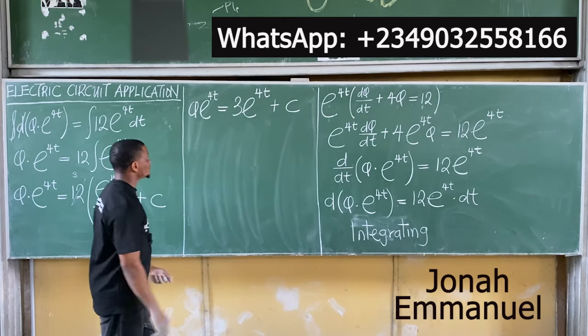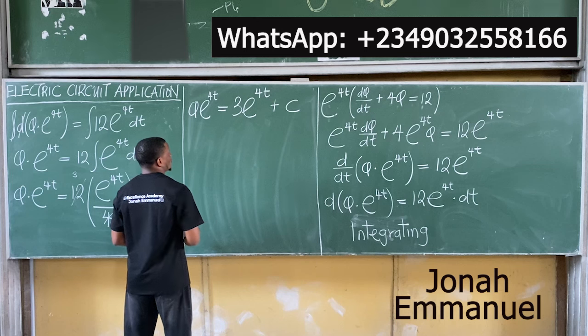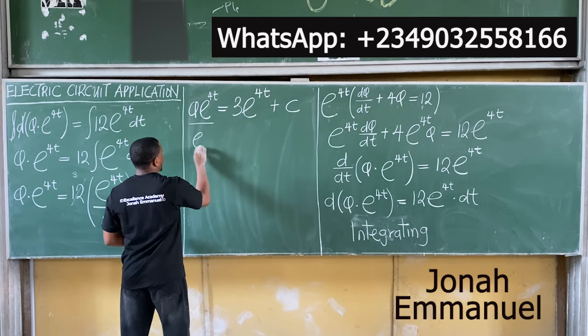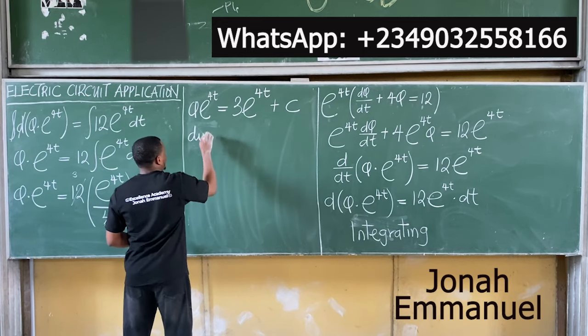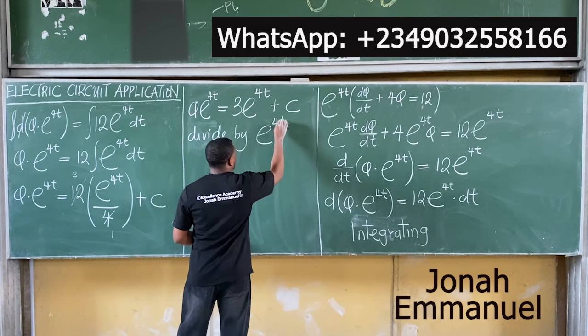You have this. To get q, I'll divide by exponential 4t.